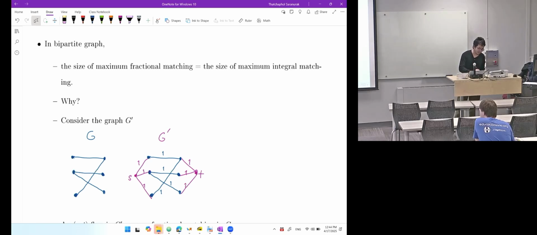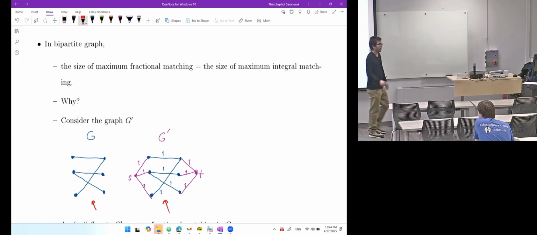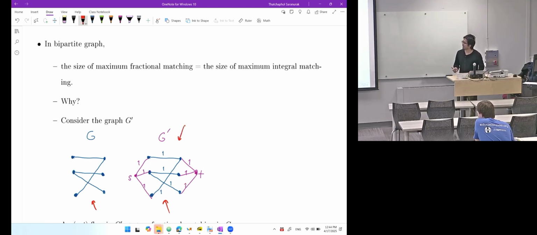When you have a matching instance, you can reduce it to a max flow instance. You remember this? We add a source and a sink and put the capacity of each edge to the source and sink to be 1. This can be 1 or infinite, it doesn't matter. This is a max flow instance with integral capacity.